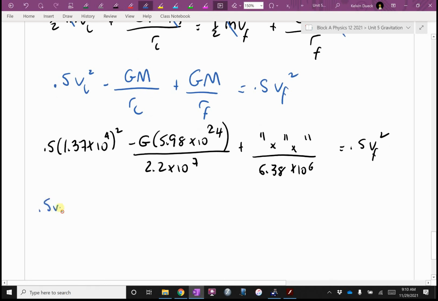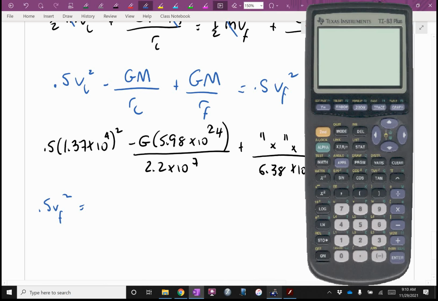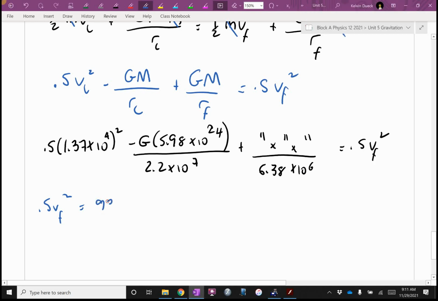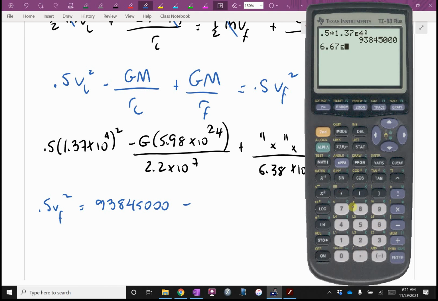So 0.5 v final squared equals this first number, 0.5 times 1.37 times 10 to the fourth squared. I get 93845 and 3 zeros. And then take away big G, big M, over 2.2 times 10 to the 7th.